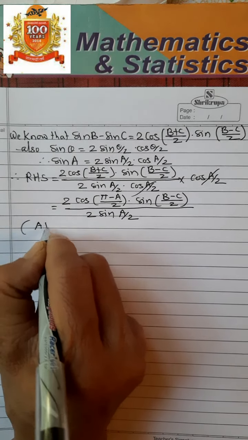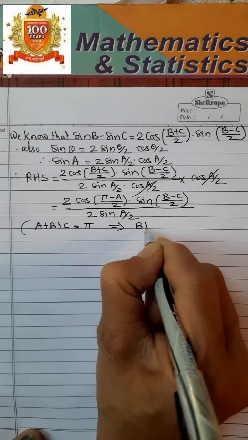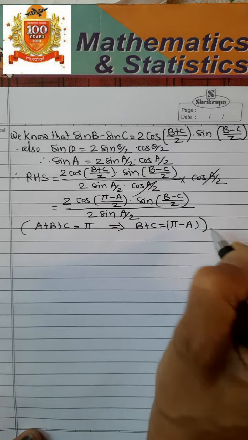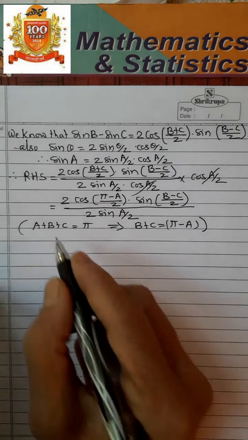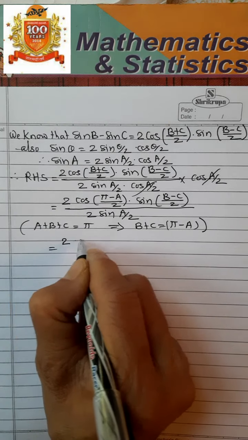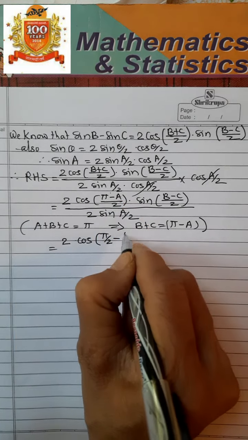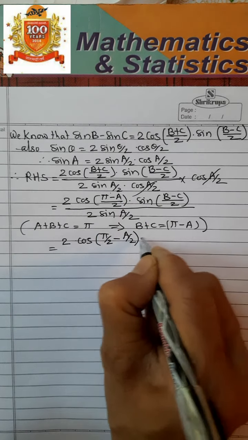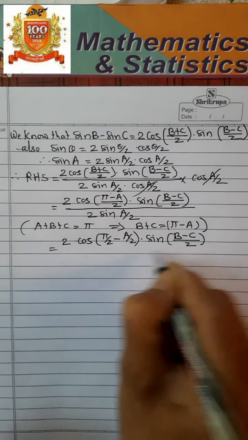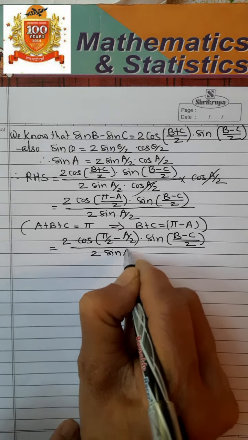Since A plus B plus C is equal to pi, implies that B plus C is equal to pi minus A. Which is equal to 2 cos of pi by 2 minus A by 2 into sin of B minus C upon 2, upon 2 sin A upon 2.